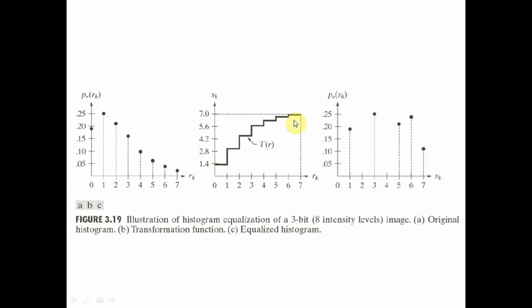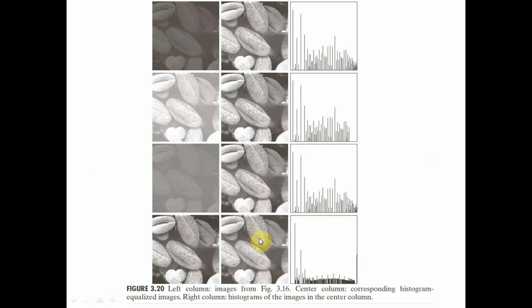After using a transformation function, that is PDF, CDF, multiply the CDF with L minus 1, you will get the uniformly distributed function. So this is the histogram equalization. So you have the original histogram, transformation function, and equalized histogram.